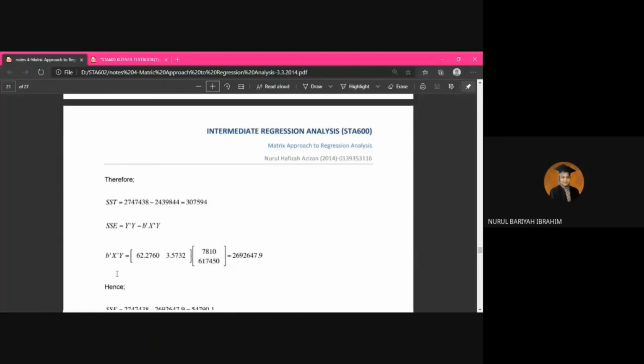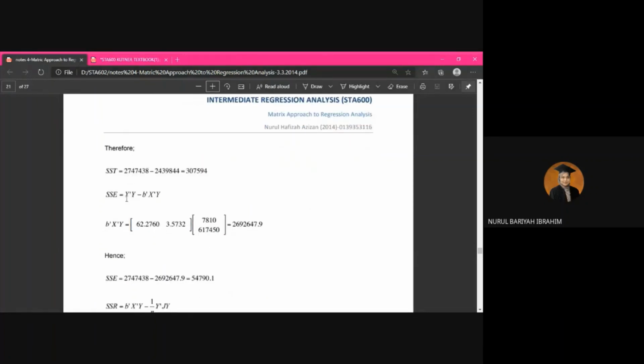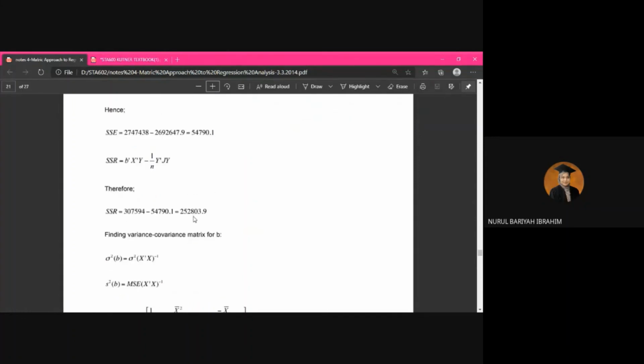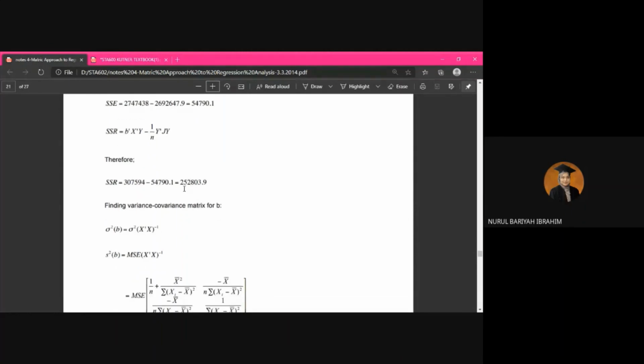Next, to find the SSE, which is the summation of yi squared, here is Y transpose Y, multiply this value. Usually, this is the value you need to multiply. It means the values of beta naught and beta 1 times the summation of y and the summation of xy. Then you will get this value, and minus these two, you get SSE. And simply SST minus SSE to obtain SSR.